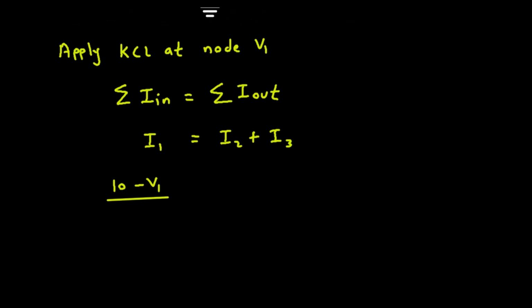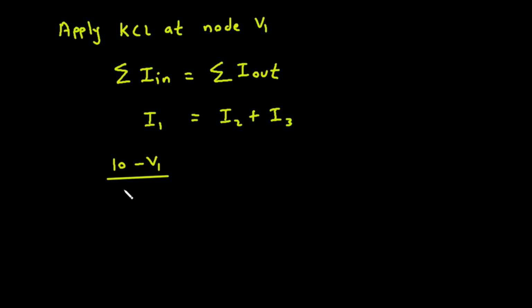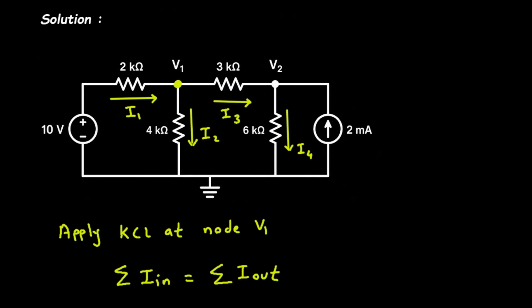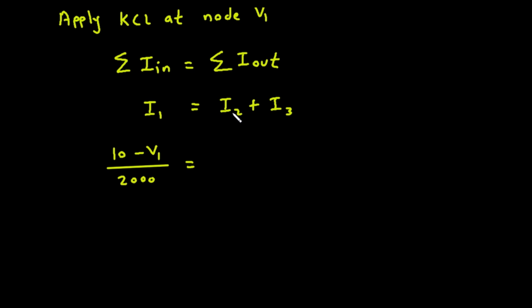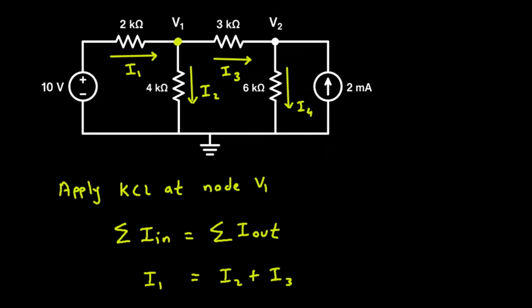Now here 2 kilo ohm is 2000 ohm. So we can write 2000 is equal to, now we have to write for I2.